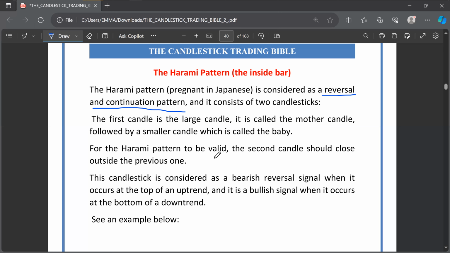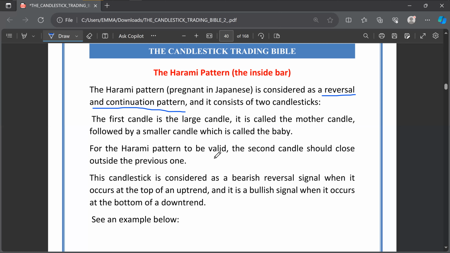I hope you get this. The trend could continue based on the location of the Harami pattern being formed, and in another sense, it could move in the opposite direction. So let us read it and see where this actually happens.